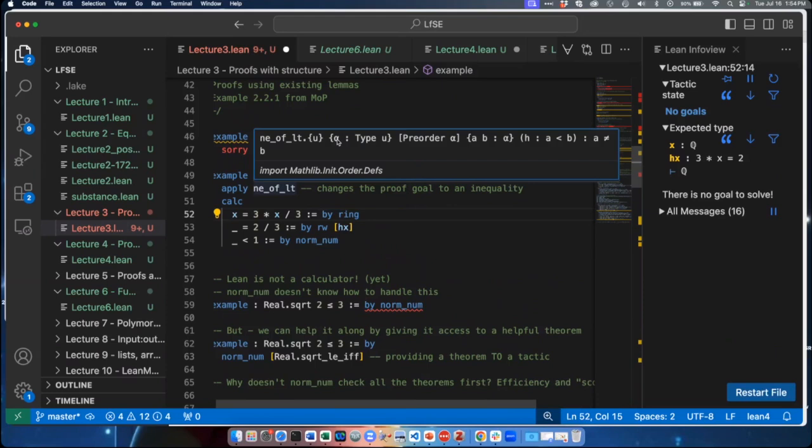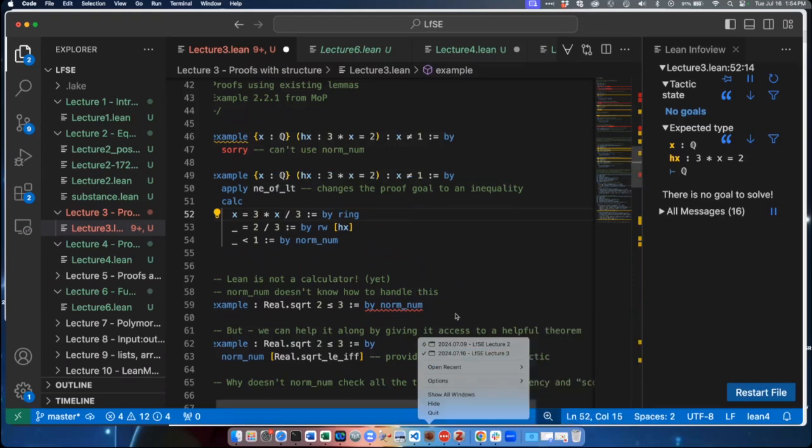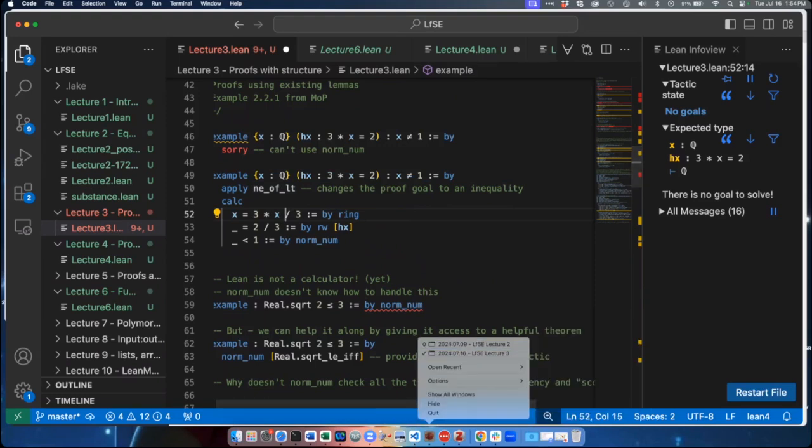So far, we've only been talking about the basic numerical types. I believe I had that in lecture 1. So what is a type?